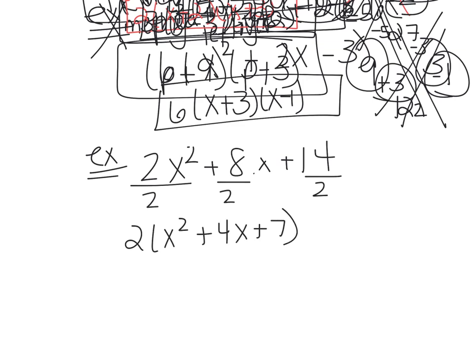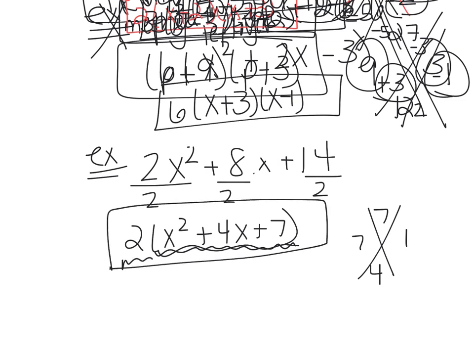So now I'm going to do my x method with my leftovers. 7 on top, 4 on the bottom. Factors of 7 are 7 and 1. Can I get 4 with that? No. So if this was my only problem, it would be unfactorable. But because I could take out a GCF, my answer is not unfactorable.